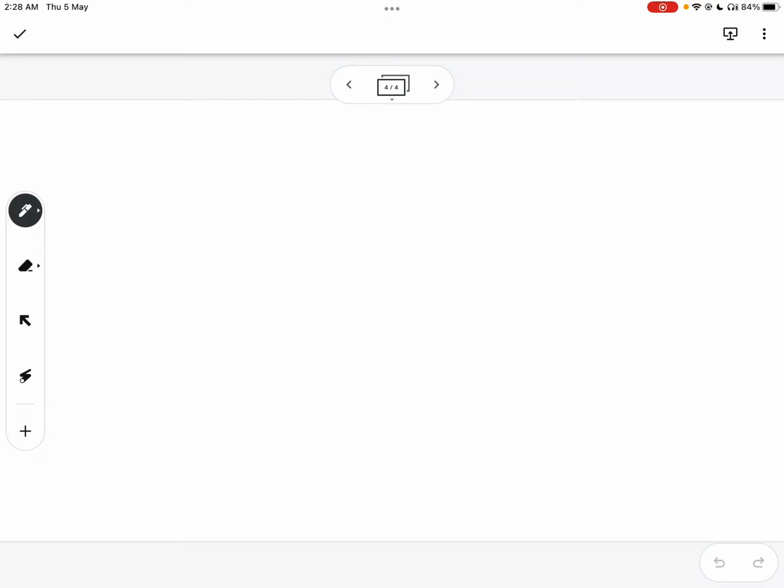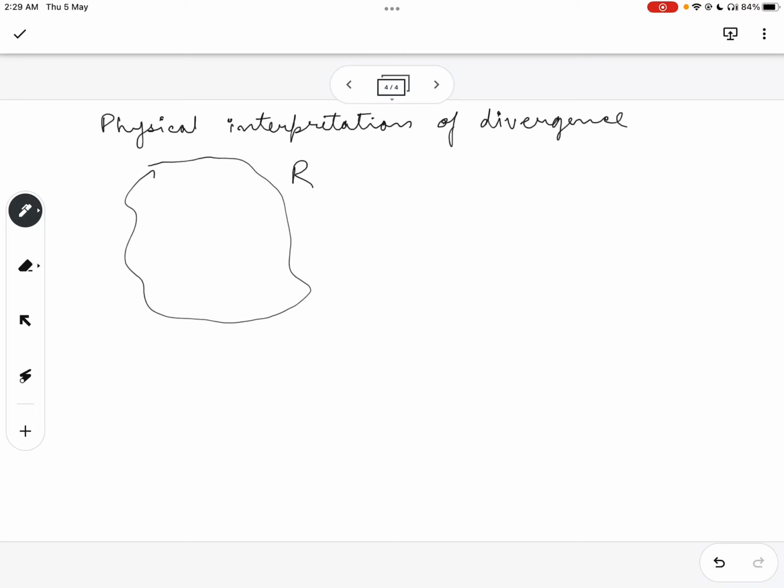So in these terms we will look at a physical interpretation of the divergence. For example, we have a region R and a point x0 belonging to R, and we take a small neighborhood omega around the point x0, for which the outward normal is n.